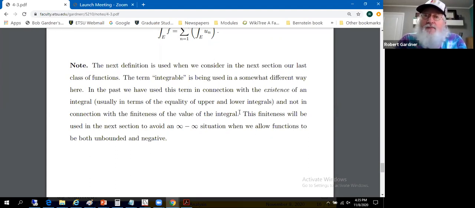Lebesgue integrable, in the setting of class 1 functions, bounded functions on sets of finite measure, meant the upper Lebesgue integral equals the lower Lebesgue integral. Here we're using the term integrable to deal with the finiteness of the value of an integral.